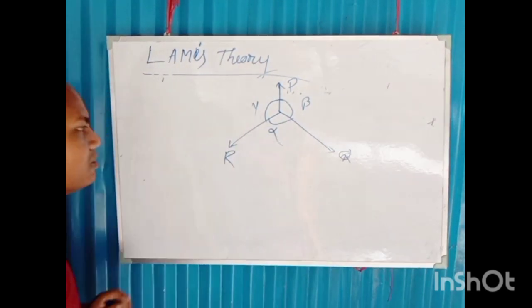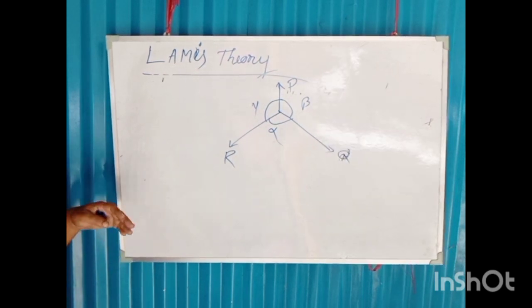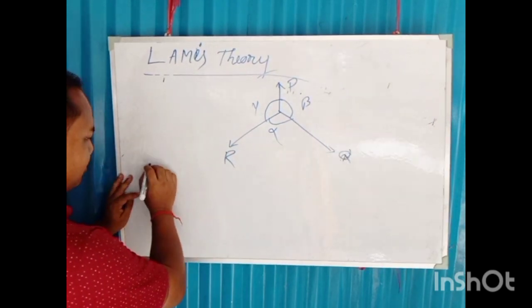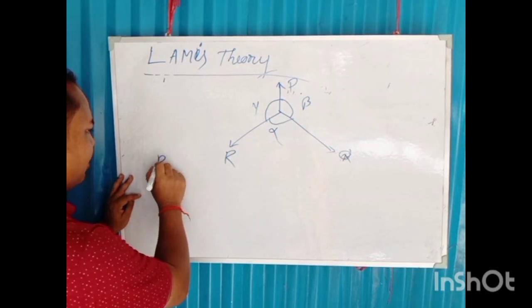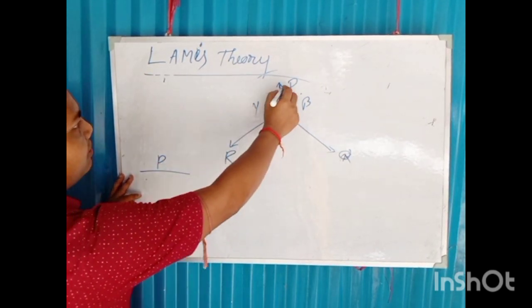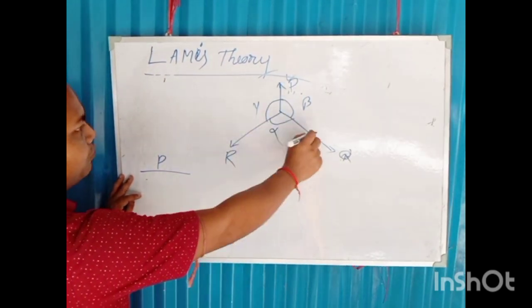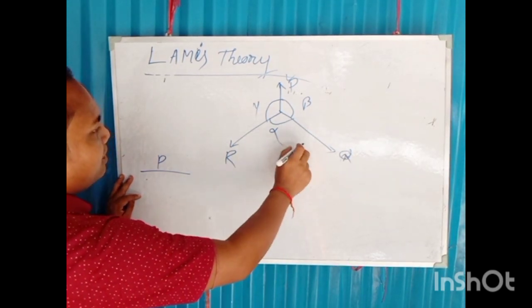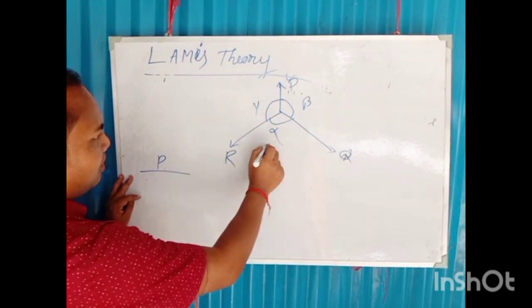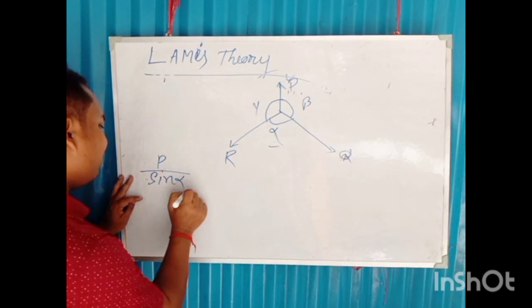By this Lami's formula, we can write: P, the angle between the opposite two forces of P, Q and R, is alpha, so sine alpha.